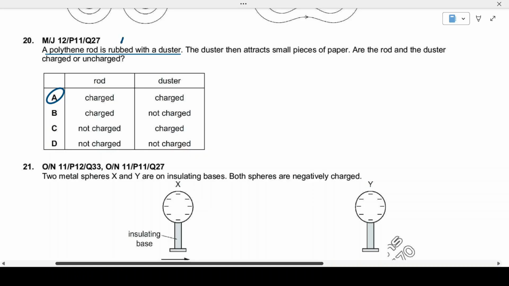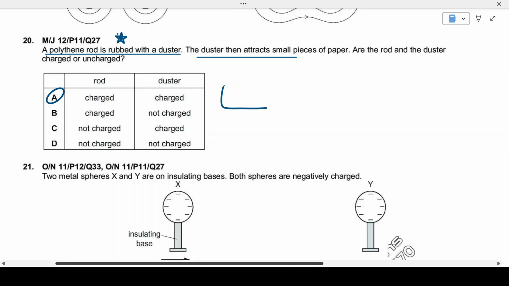As a matter of fact, from the very first statement, we get the hint that we are charging by the method of friction. And it turns out that by the method of friction, the two objects have been charged as well. How do we know? The proof is the duster attracts small pieces of paper. So if one of the objects is charged, the other one has the opposite and equal charge.